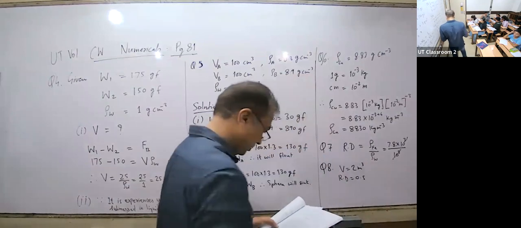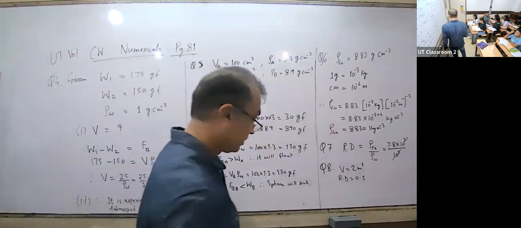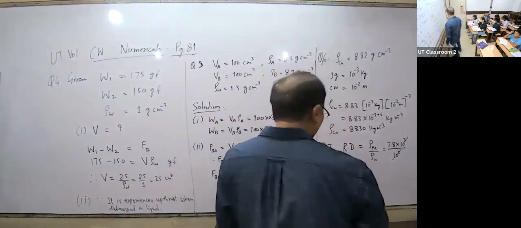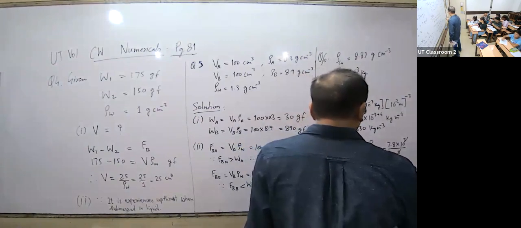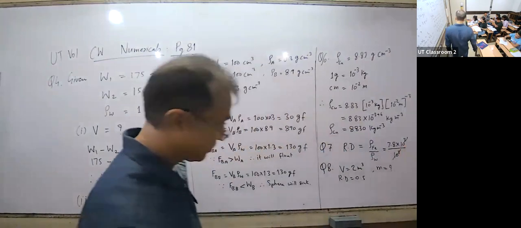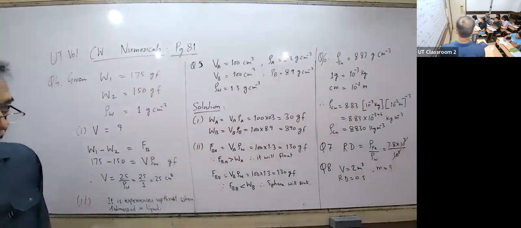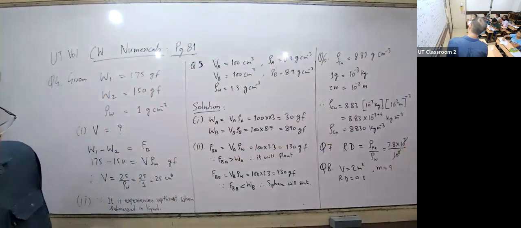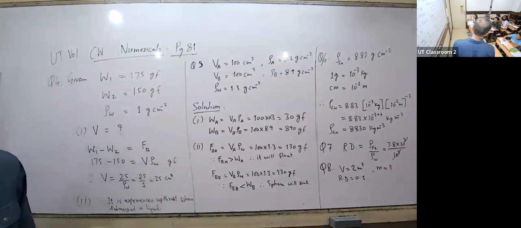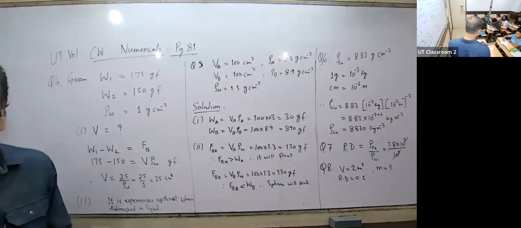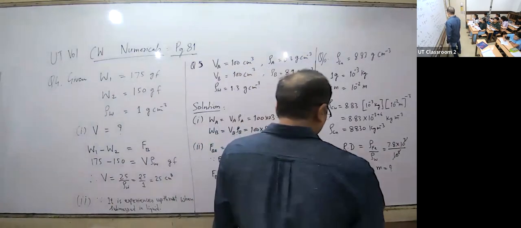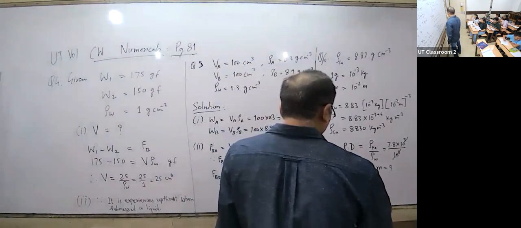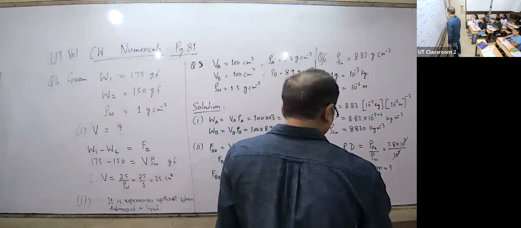What is to be calculated? Mass. So mass is volume of substance into density of substance.